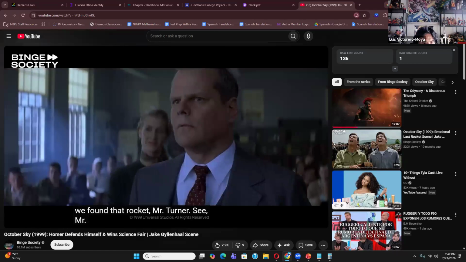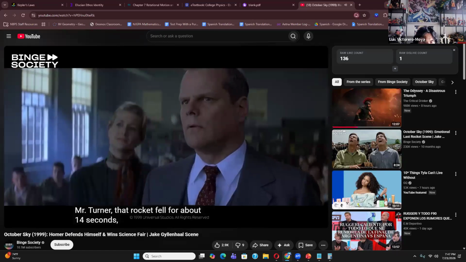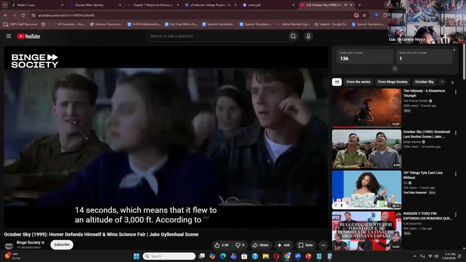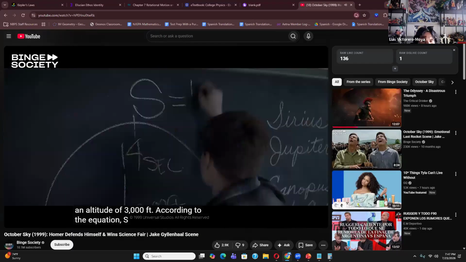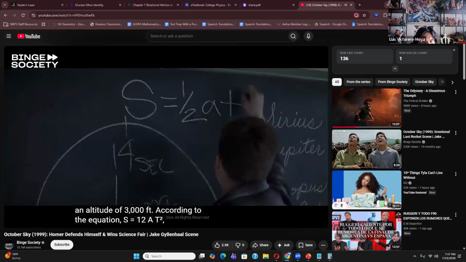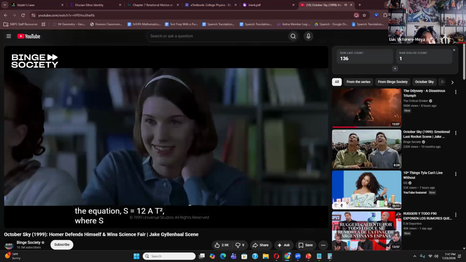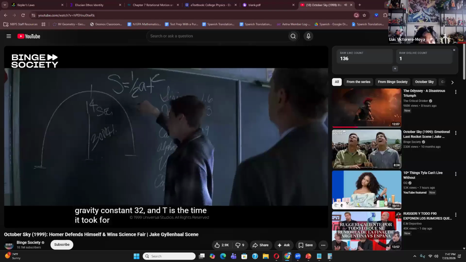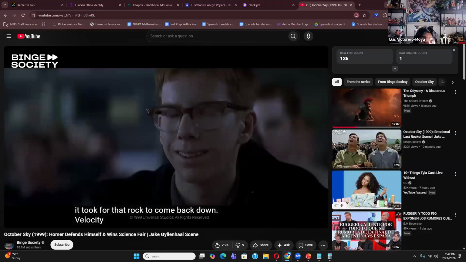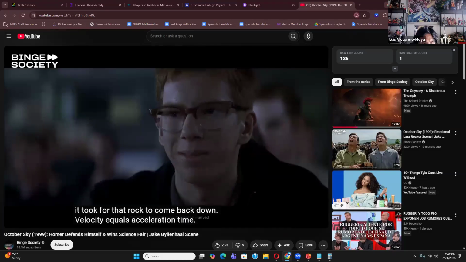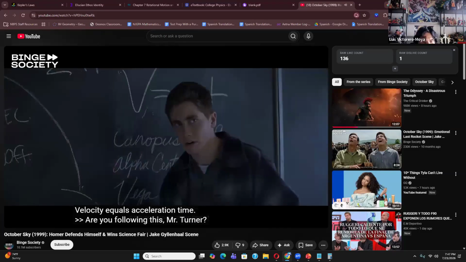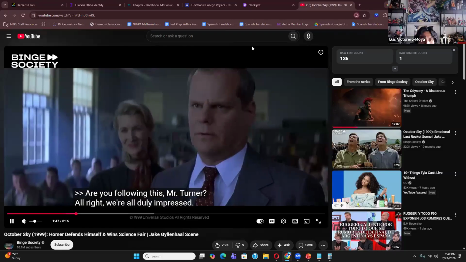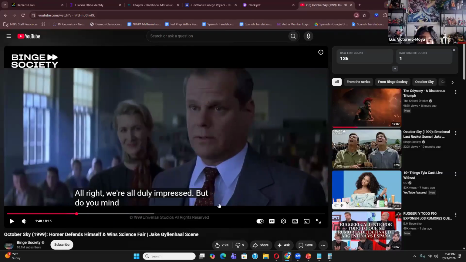See, Mr. Turner, that rocket fell for about 14 seconds, which means that it flew to an altitude of 3,000 feet. According to the equation, S equals 1/2 A T squared, where S is the altitude, A is the gravity constant of 32, and T is the time it took for that rocket to come back down. Velocity equals acceleration times time. Well, are you following this, Mr. Turner? All right, we're all duly impressed. But do you mind?